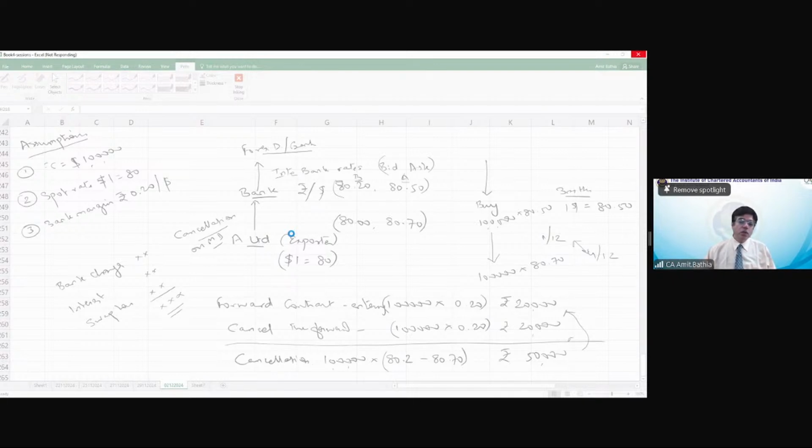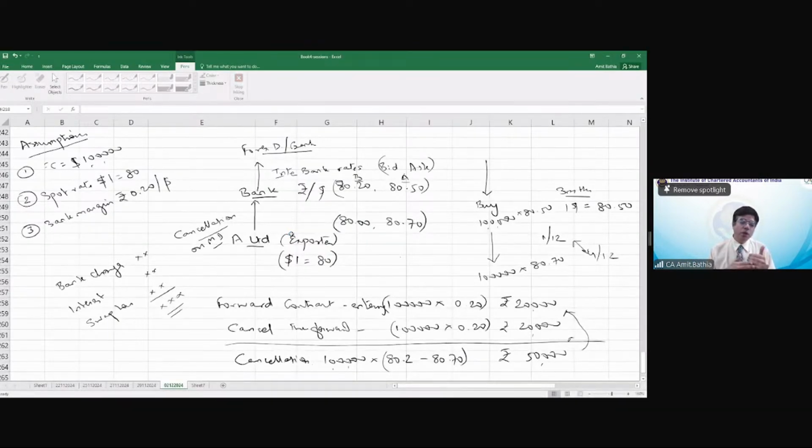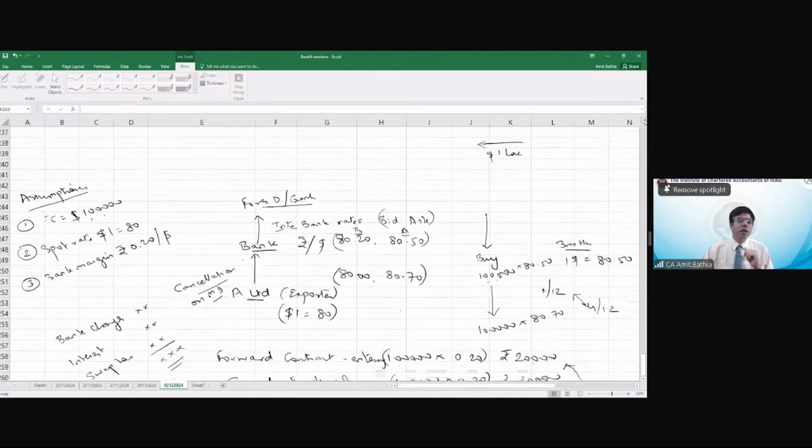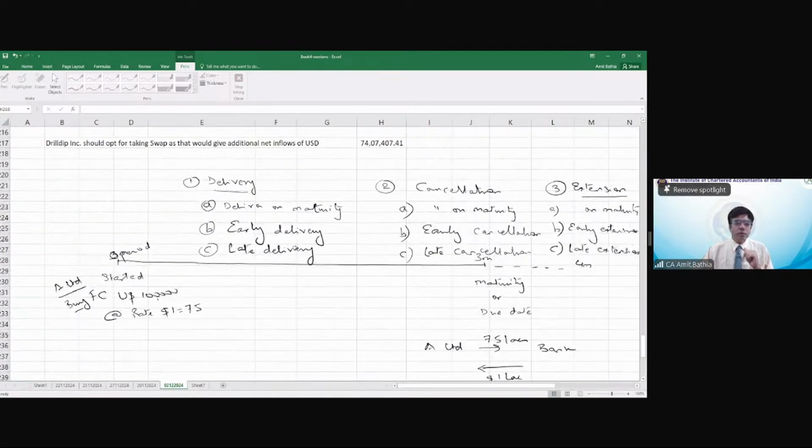So what do the three terms mean? Delivery essentially means that you are going to complete the contract by delivery, but when? On due date, before due date, or after due date. So if it is before due date, you say it is early delivery, or if it is after due date, then you call it late delivery.